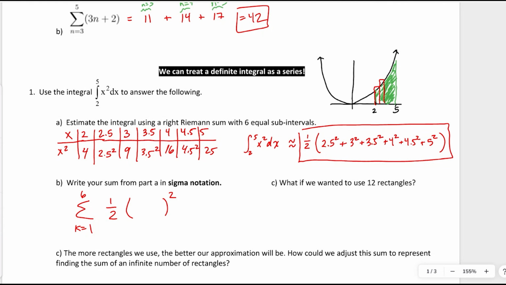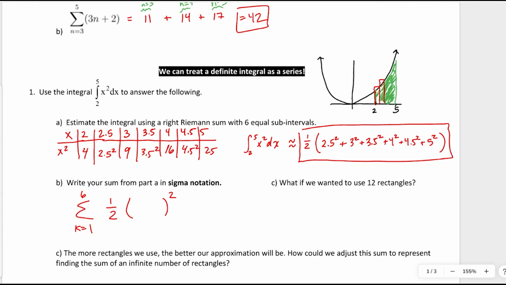I think the easiest way to come up with this expression, and this is probably going to be the hardest part of the whole thing, is to think about where did you start, right? We started with our whole interval, from 2 to 5, which starts with x equals 2, right? And then from there, we just added a half to each one of these and then squared it.